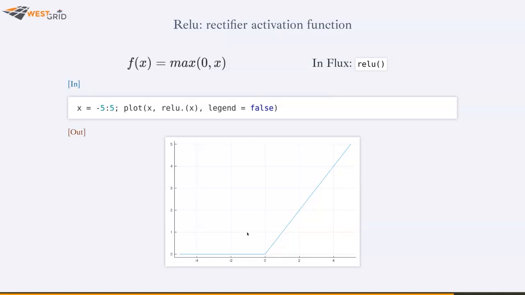The computations are very easy, so it doesn't require a lot of resources, and it works well in a number of cases. And in Flux, to implement ReLU, you have the function relu, which is very, very simple.